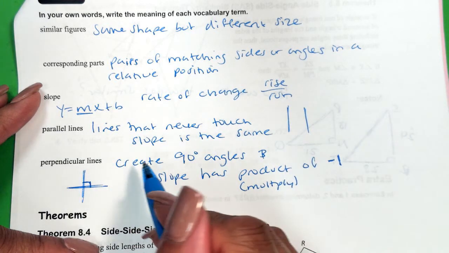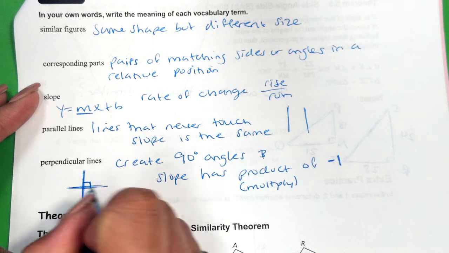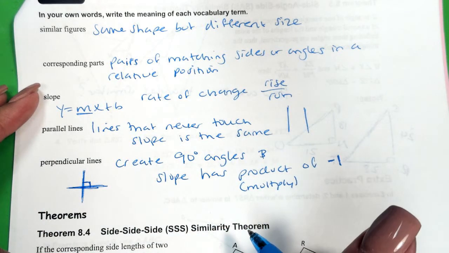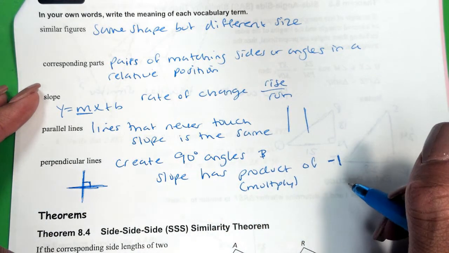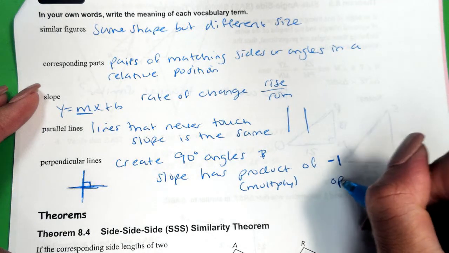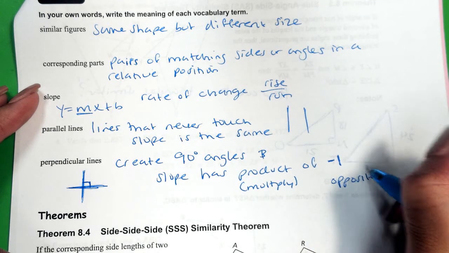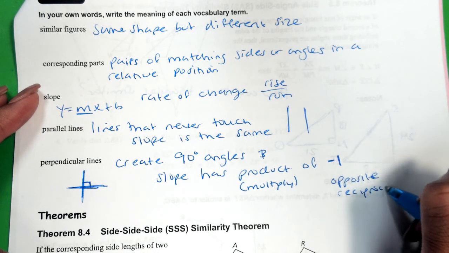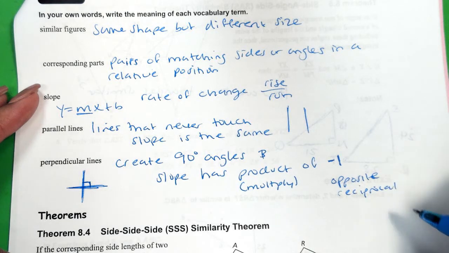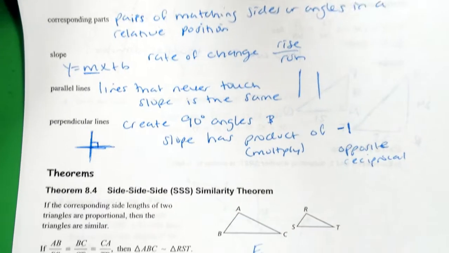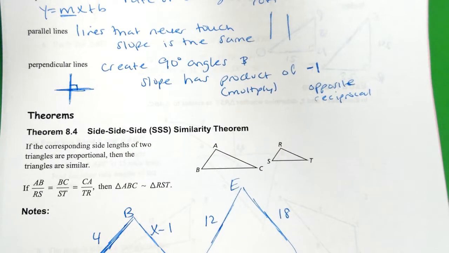So if I were to multiply the slope of this to the slope of that, it should end up with -1. Or to find the opposite slope, we use the opposite reciprocal. So that was a way to find perpendicular slope. Okay? So now we're going to go on to our first theorem.